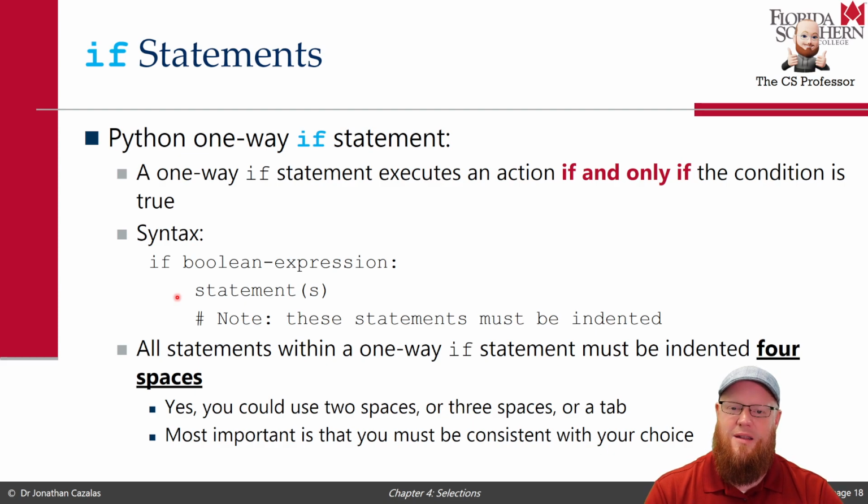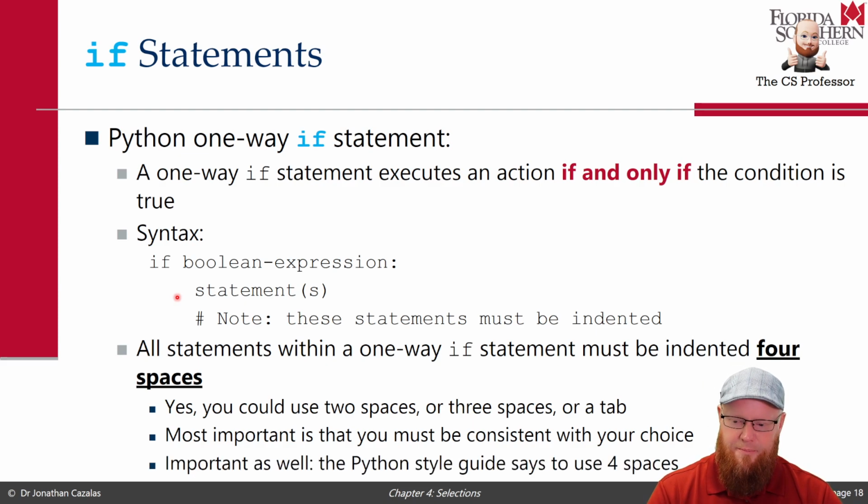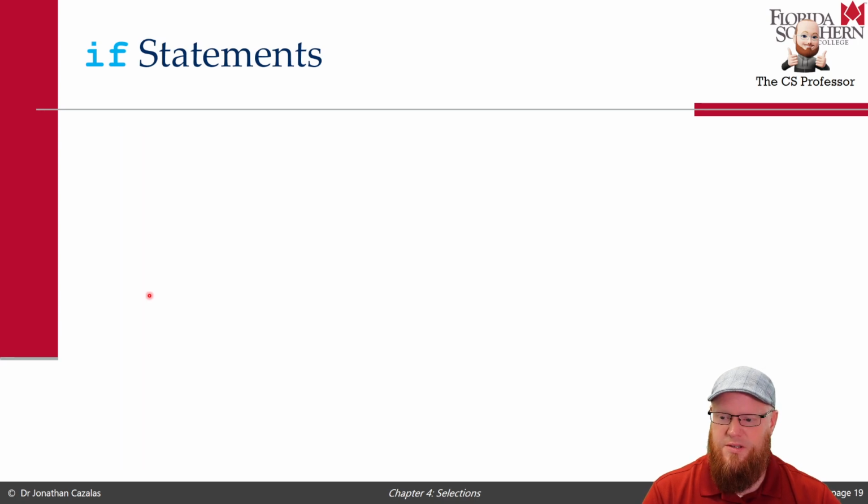There's wisdom for that. You're working with a team of people. Y'all are all developing in Python. You have to be consistent, and the easiest way is to follow the style guide. So notice, this is the first time we're seeing indentation. So if this Boolean expression is true, we need to indent all of those statements 4 spaces.